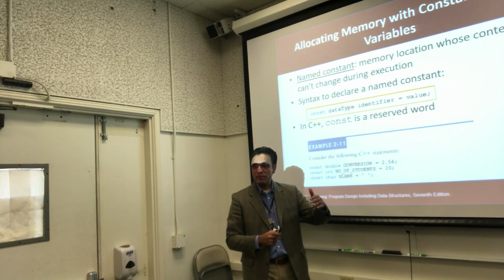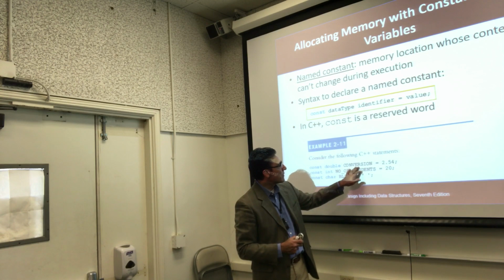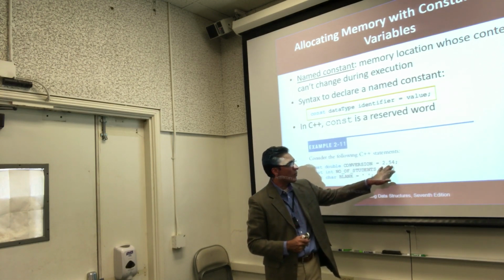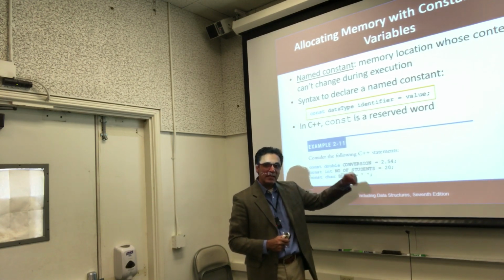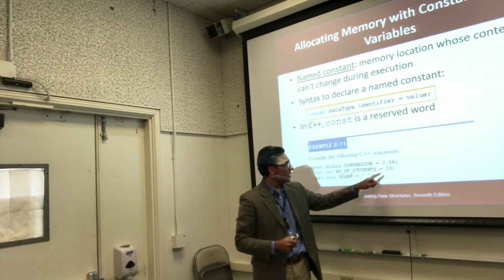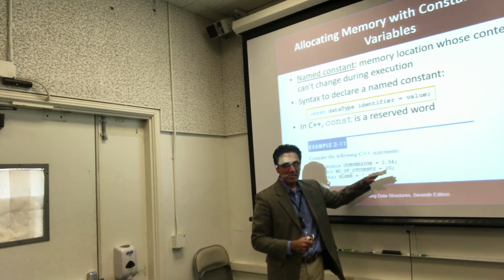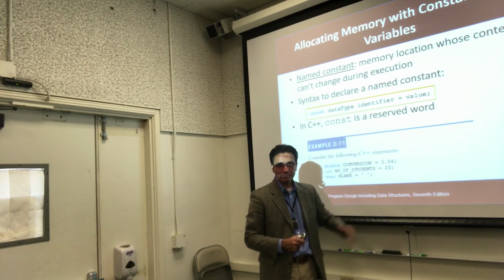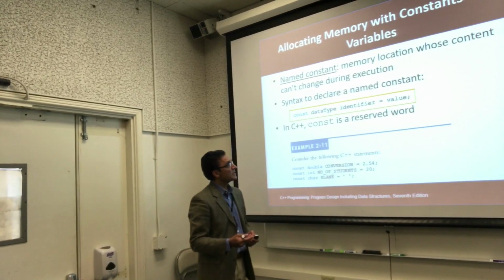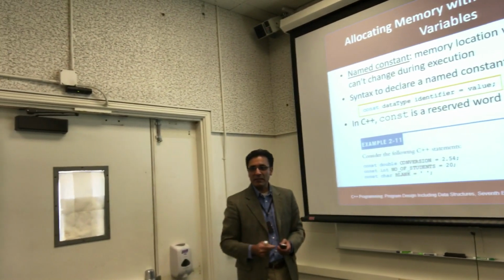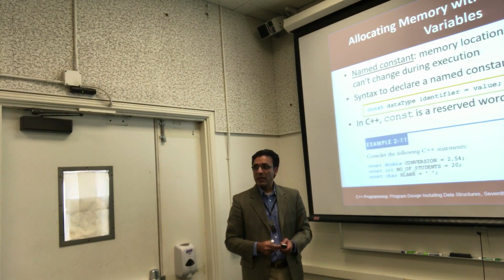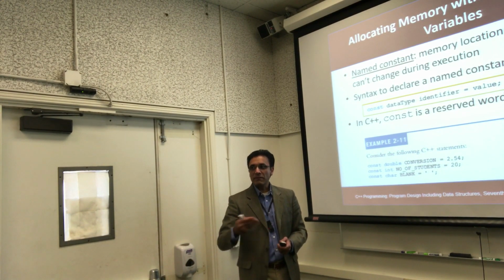Constants cannot be changed. So if I declare this conversion to 2.54, during the execution of the system, I cannot change that to 2.6. It's fixed, it's constant. Okay? So we'll use constants, and you'll find them in many places in the textbook and online. They're uppercase, just to differentiate them.